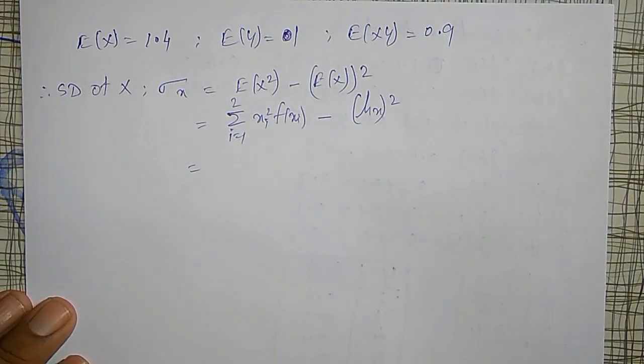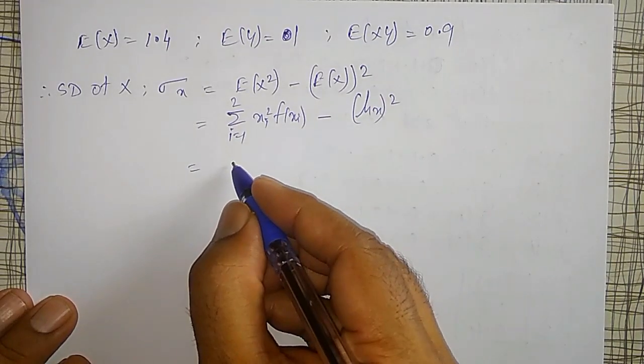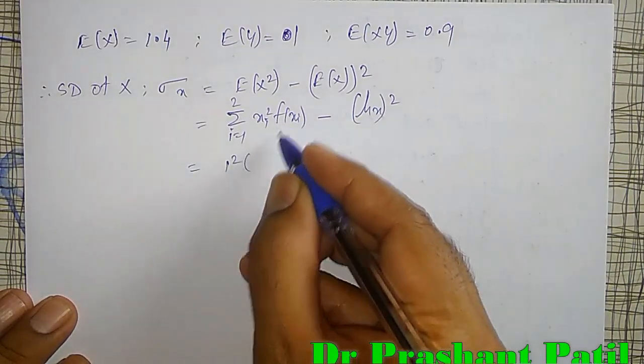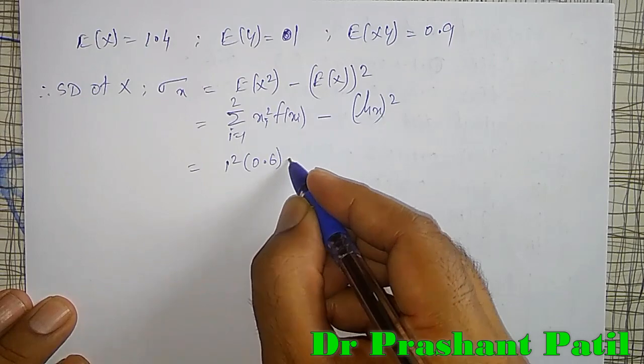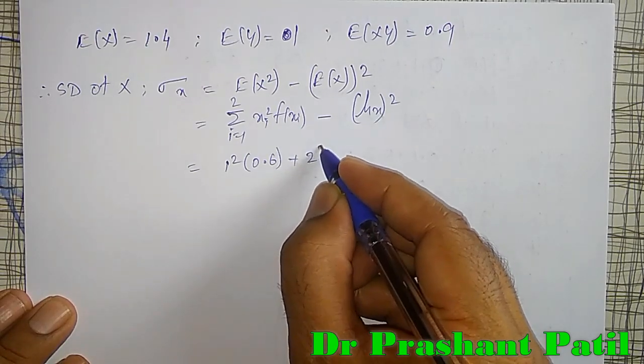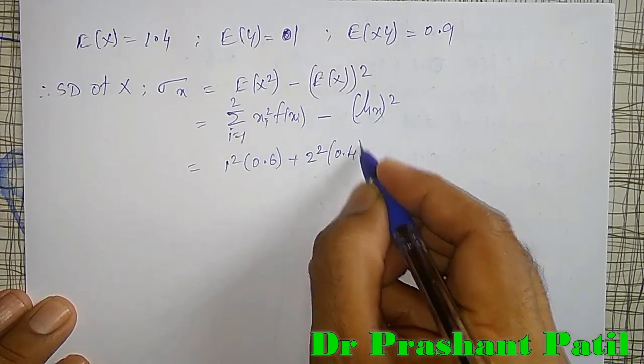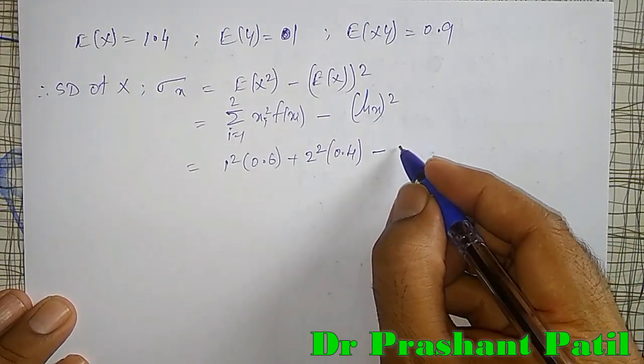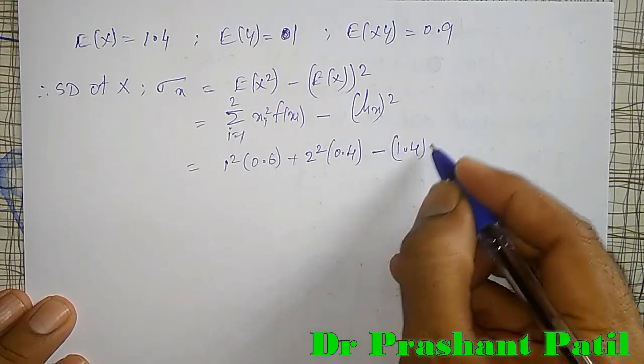Okay, expectation of x squares, that is x square is 1 square, corresponding f of x is 0.6, plus 2 square into 0.4, minus 1.4 the whole square.